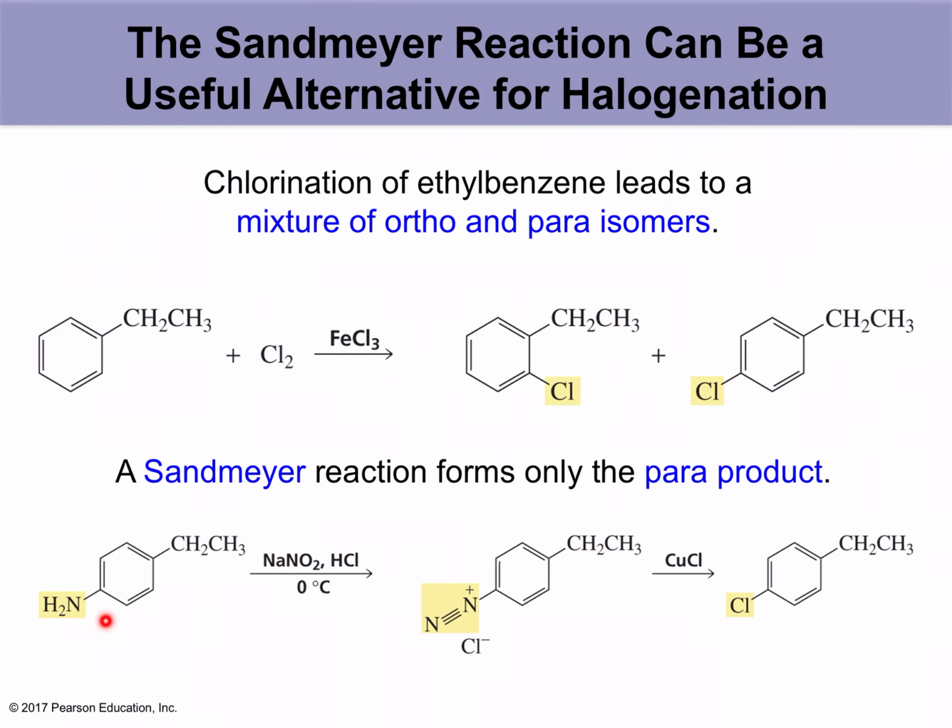So basically you start with the NH2 group over here, para to the ethyl group. Then you react this with sodium nitrite and hydrochloric acid at 0 degrees Celsius to make the diazonium salt. And when this is reacted with copper chloride, you can get the para product.